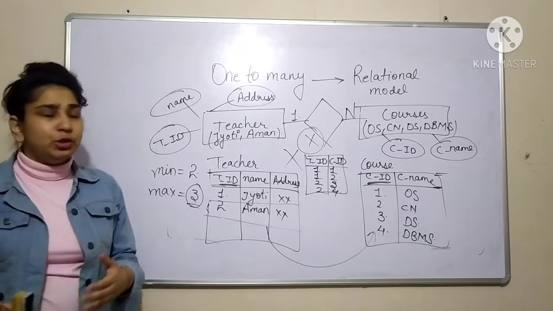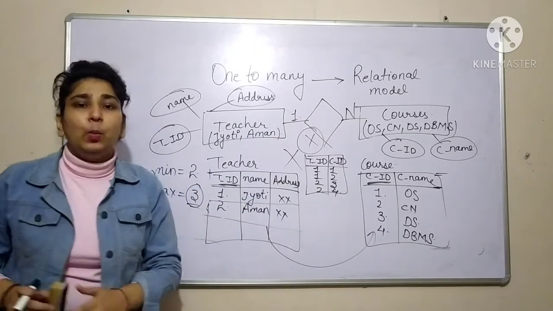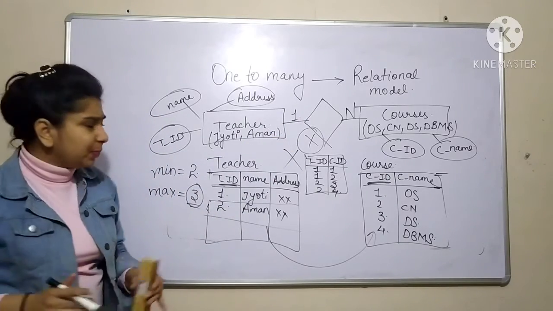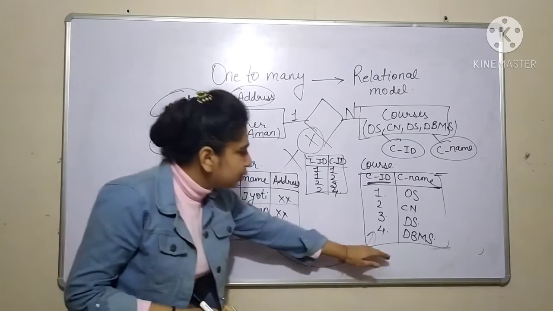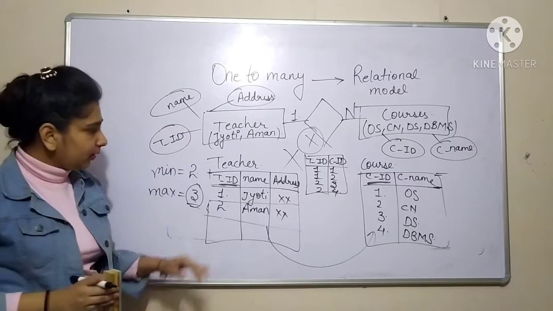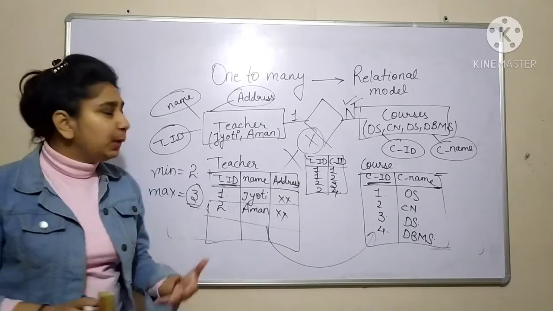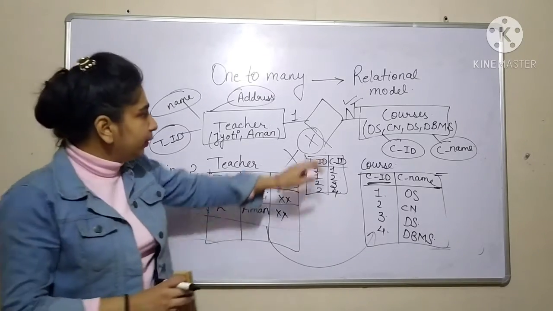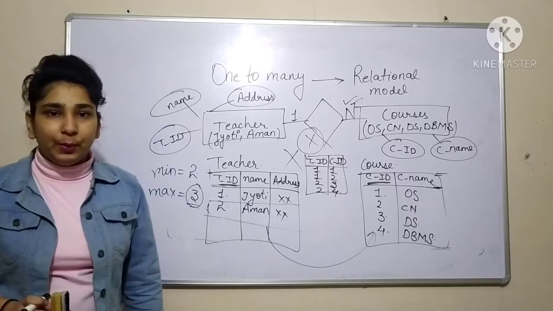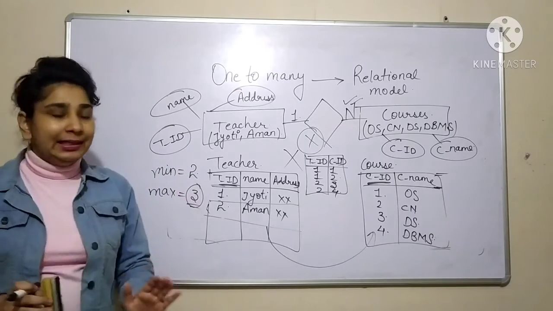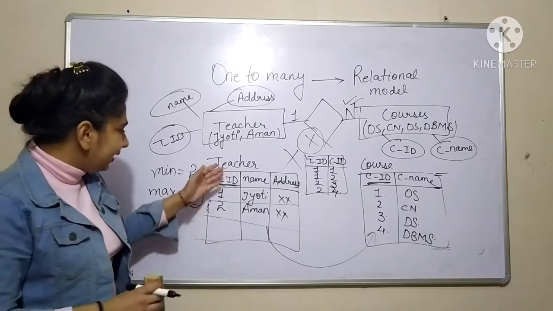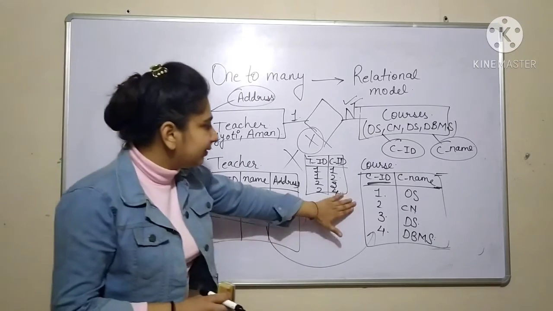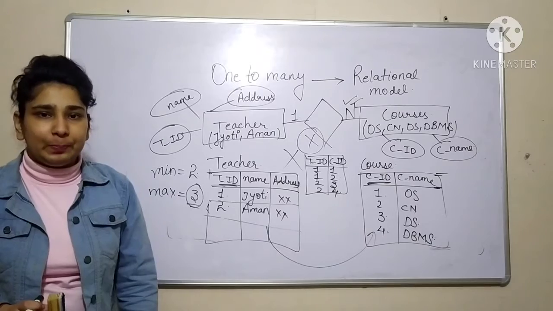We don't need to make the extra table in a one-to-many relationship because we are managing with only these two tables. So which side will we use the common attribute? Nth side. The teacher table's key attribute, teacher ID, we will be using as a common attribute in the course table.